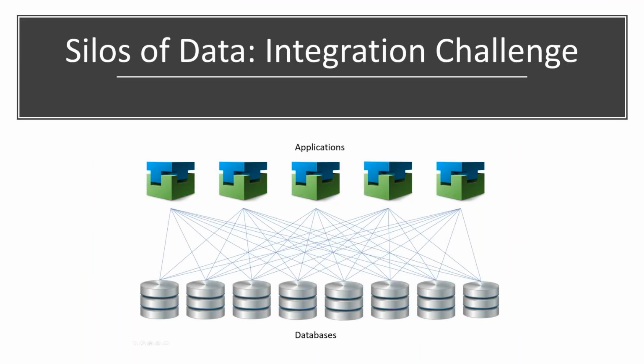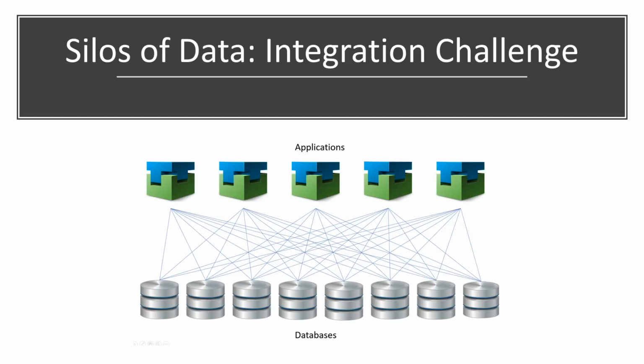Imagine scenarios like this. We have a lot of data sources, a lot of databases, and a lot of applications, right? Every application might have its own database. When it wants to connect to another database for another system, it needs an integration to that database or that system. If a database wants to connect to another application, that needs an integration.